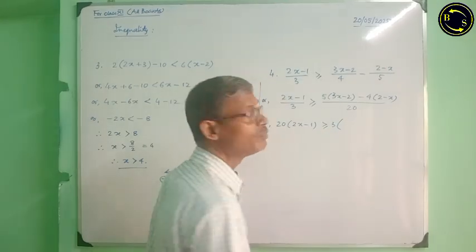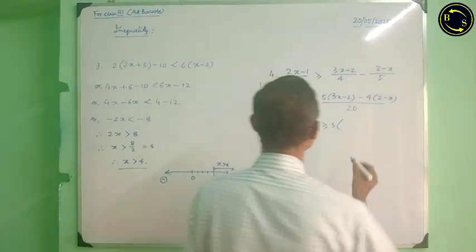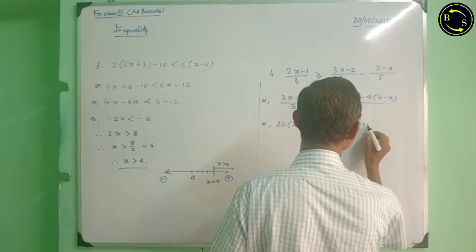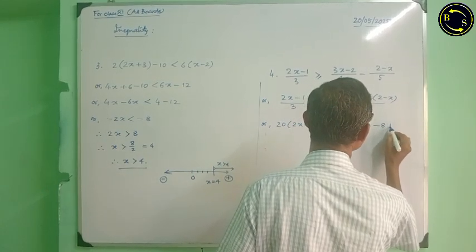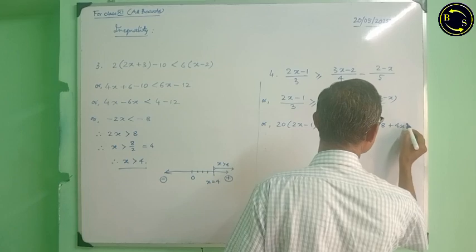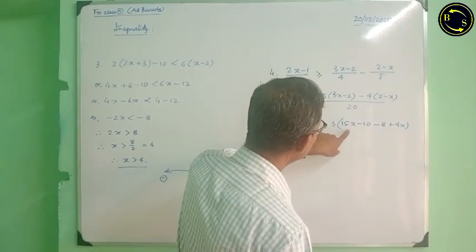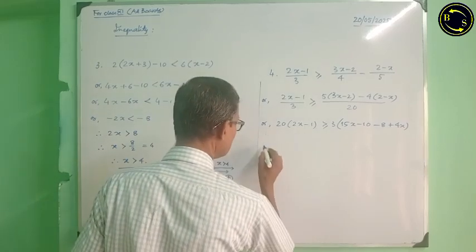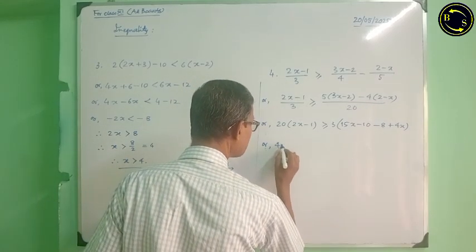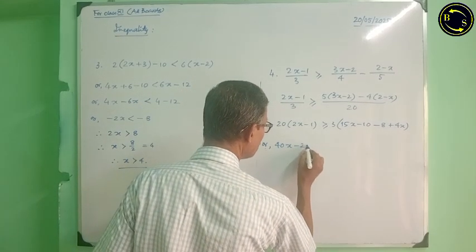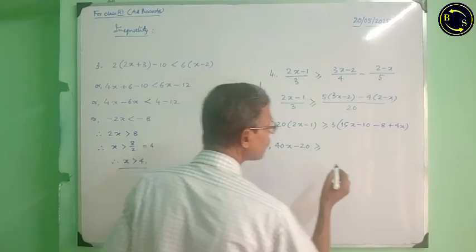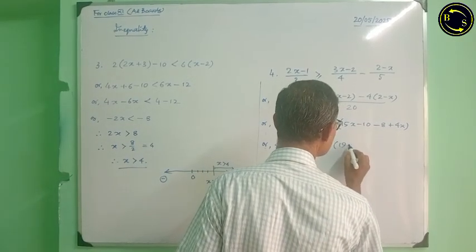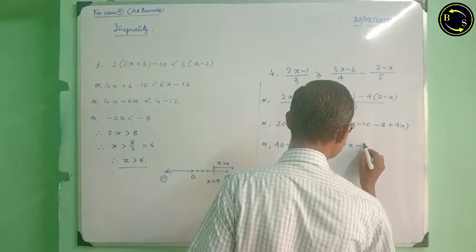Now I remove the first brackets: 15x minus 10 minus 8 plus 4x. Let me check. 15x minus 10 minus 8 plus 4x, or 40x minus 20 is greater than or equal to 3 into 19x minus 18.